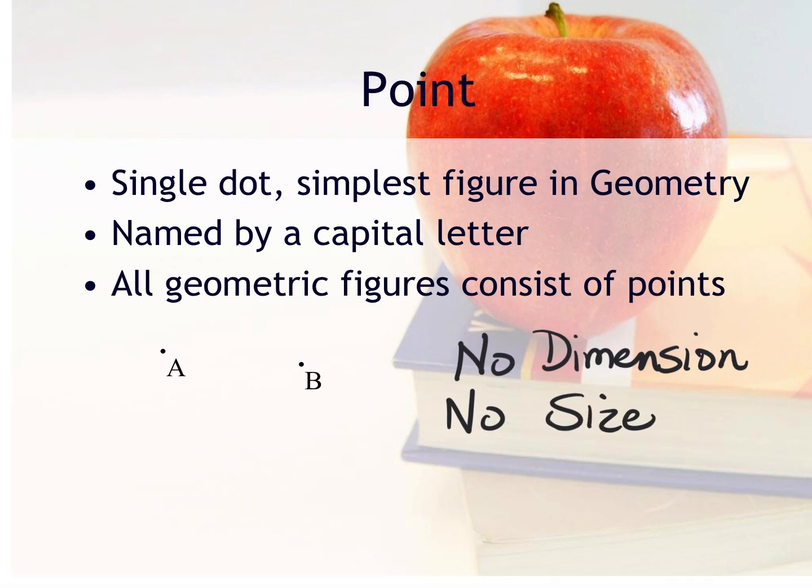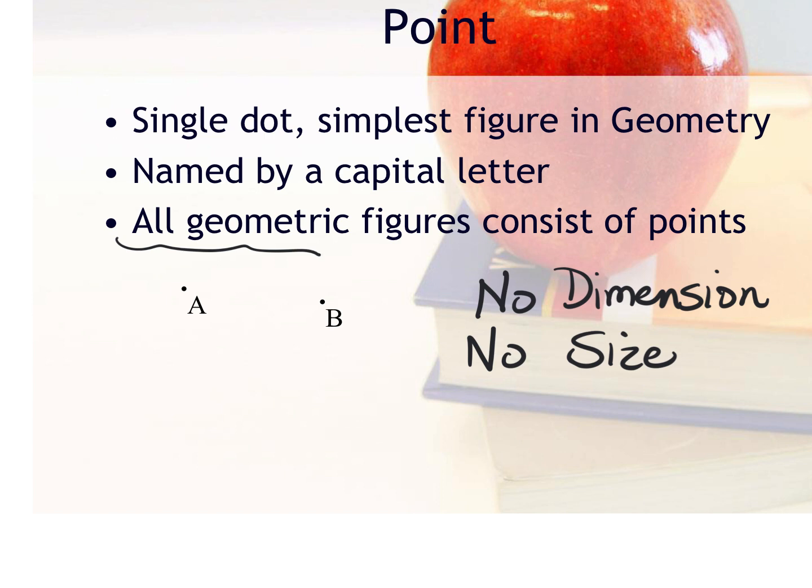Now, for this third bullet point, that all geometric figures consist of points, let's say I draw 3 points on my paper and I connect them. Once I connect this, it actually makes a geometric figure, and that geometric figure that I just drew is a triangle.